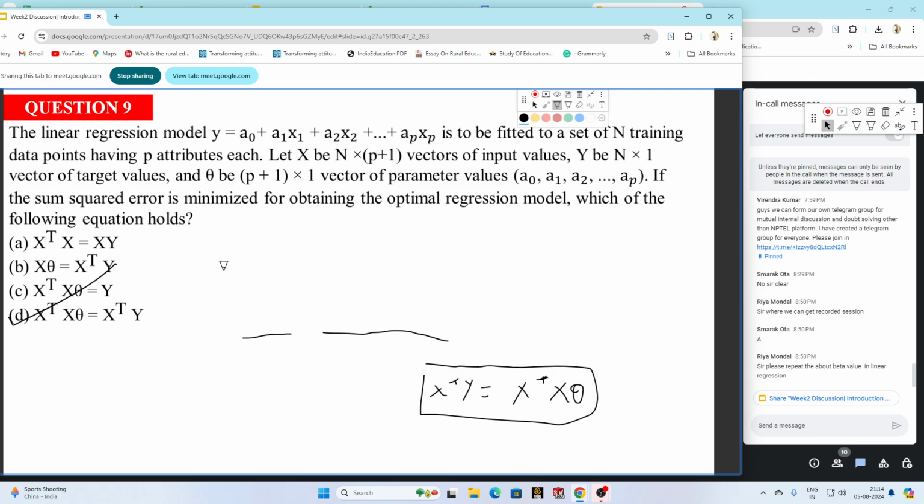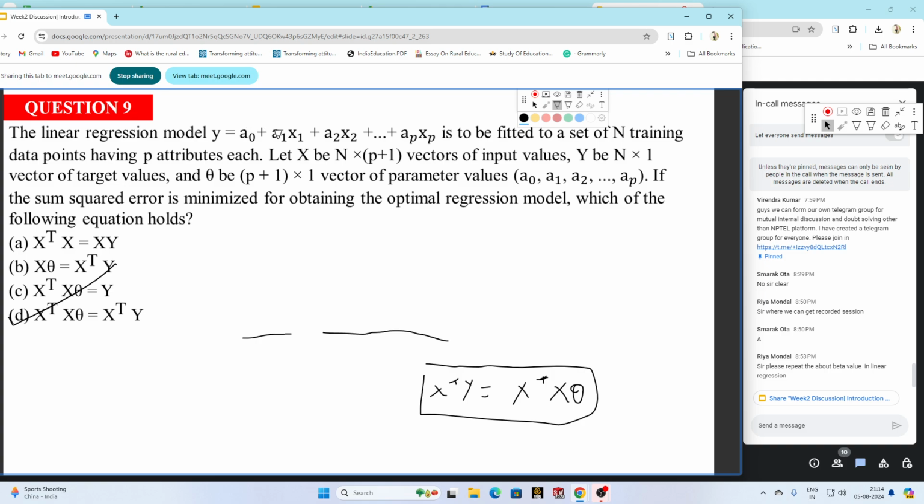Question number 9, the linear regression model y equals a naught plus a1 x1 plus a2 x2 up to ap xp is to be fitted to a set of n training data points having p attributes each. Very similar to the first slide that I discussed, only here they have played with the variables.